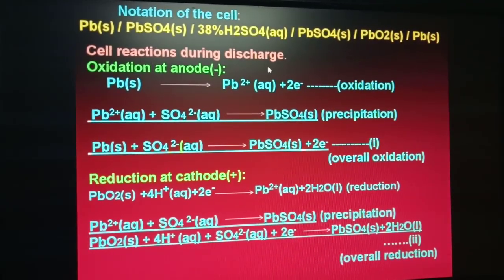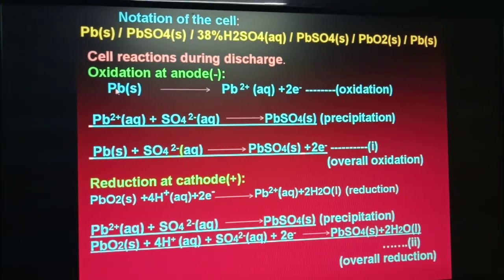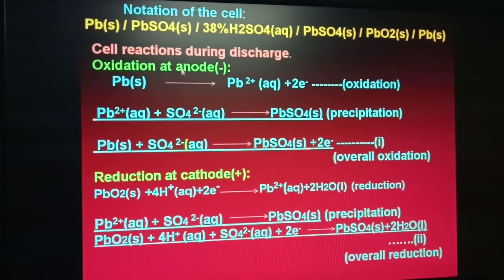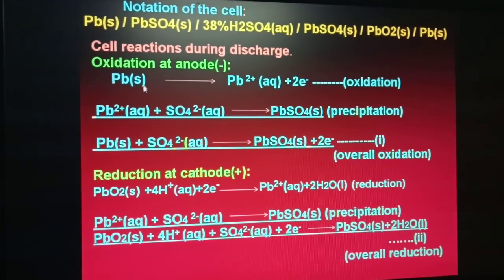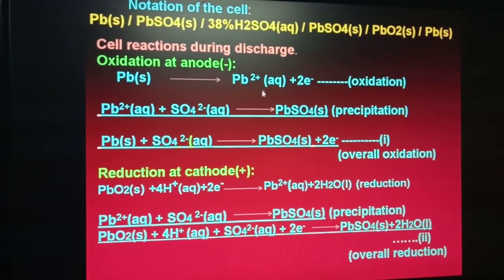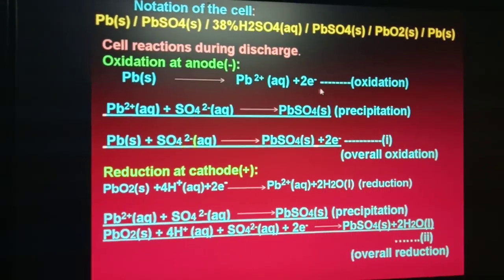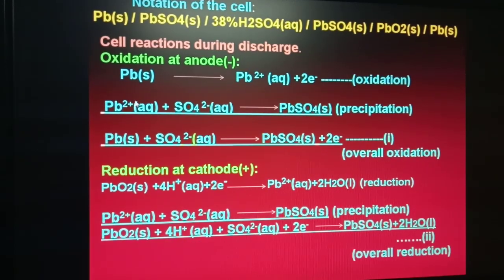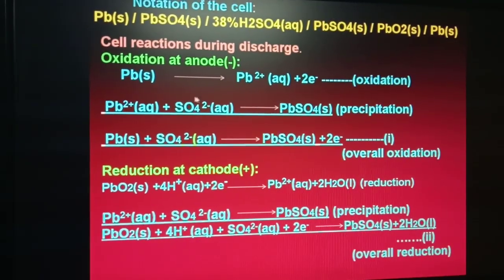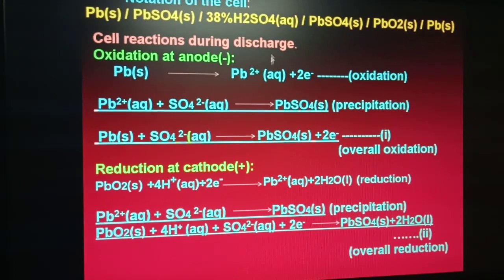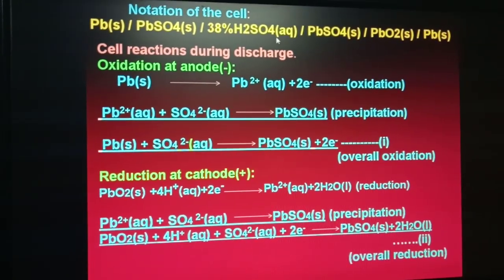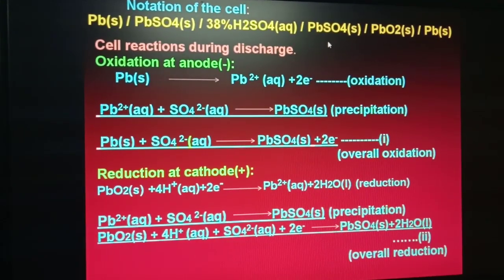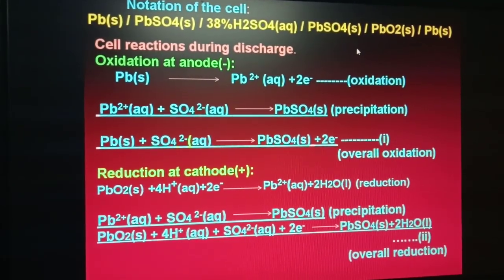During discharge, the following reactions take place. First, let us discuss the anode. At the anode, lead oxidizes to give Pb2+ aqueous plus 2 electrons. Now this Pb2+ combines with sulfate ions of the electrolyte. The main electrolyte taken is H2SO4, which ionizes to give 2H+ plus SO4 2-.